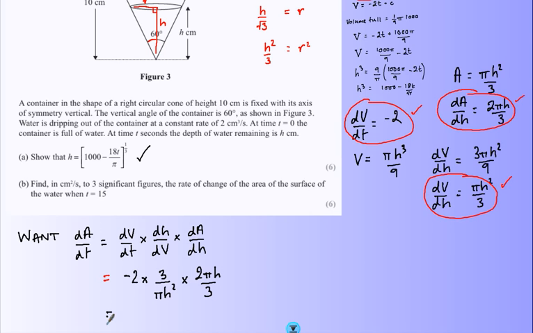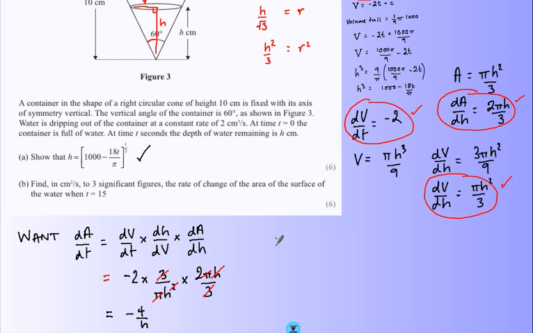And if we put all that together, a bit of cancelling can be done. Pi, 3, h, one of the squareds, and minus 4 over h is what's left.